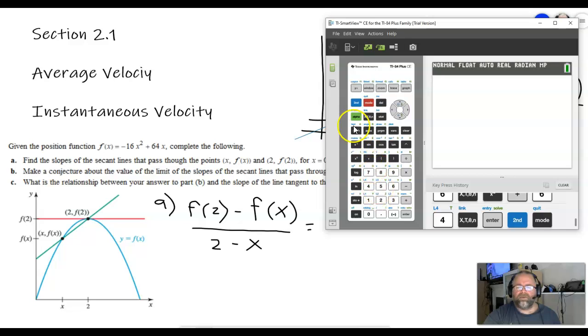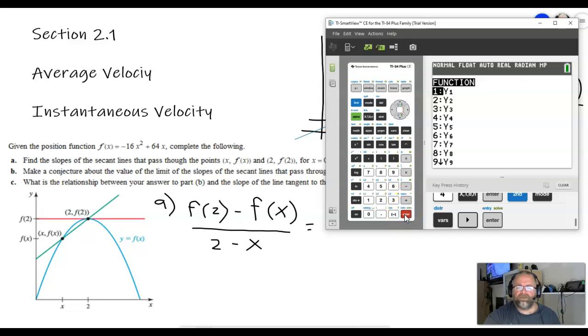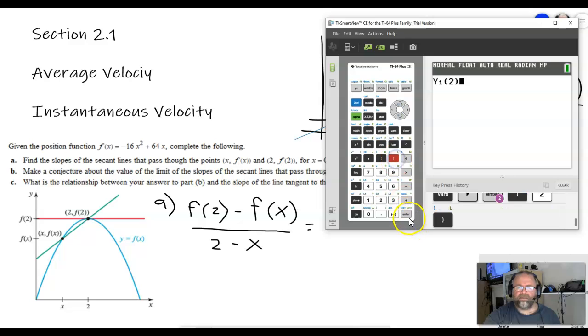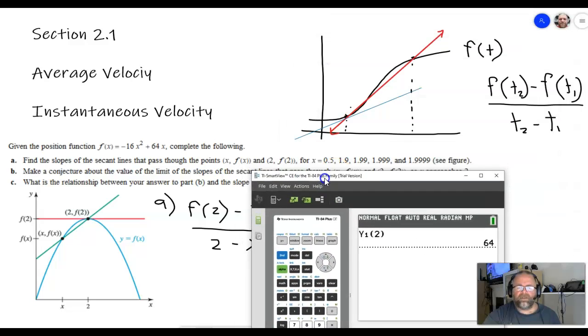If I go to vars, then y variables, then function, it says pull up my y1 function, and put in a 2. Let's see what that is, because I'm going to be using these in a lot of my calculations. We get 64. So f of 2 here is equal to 64, and that's always going to stay the same for all of these.